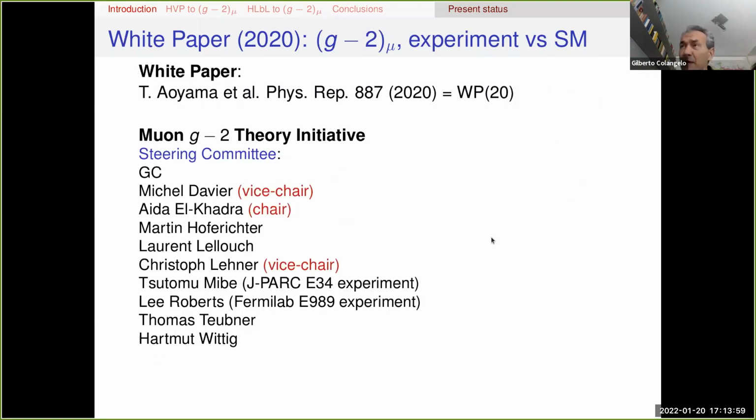Now, the white paper I've mentioned already a number of times is this physics report here, which appeared in 2020 before the Fermilab announcement, with about 140 authors and an initiative which was coordinated by this steering committee.